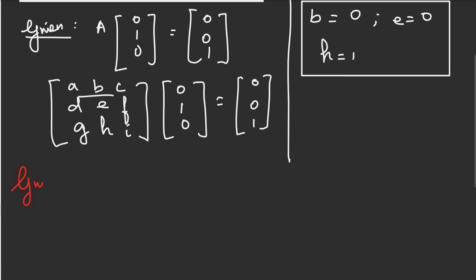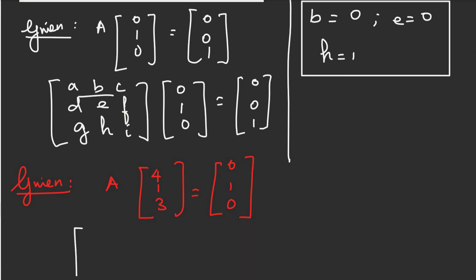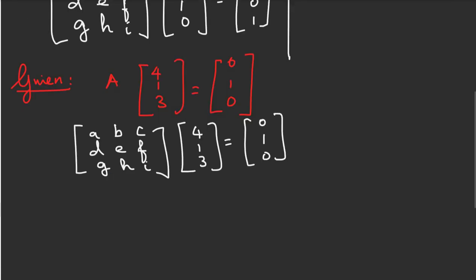Again it is given that A into the matrix [4, 1, 3] is equal to [0, 1, 0]. So we take the 3 by 3 matrix A, B, C, D, and this gives 4A plus B plus 3C.